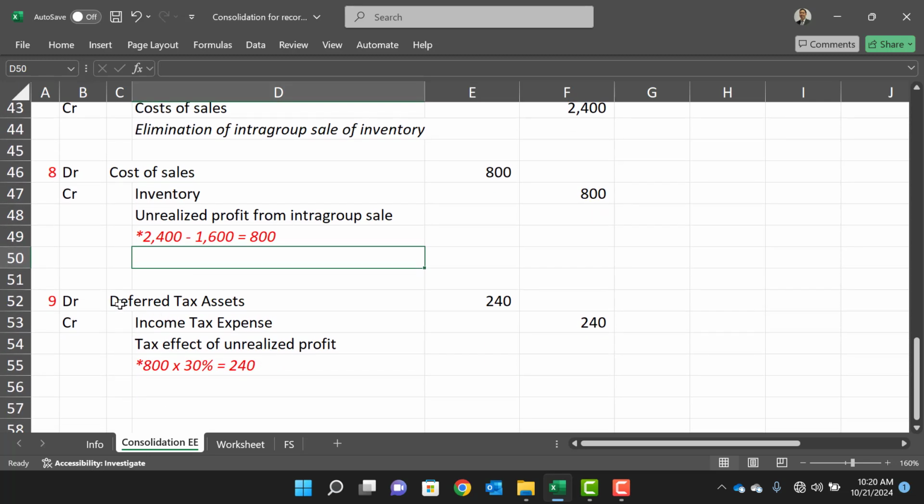Then the tax effect: because you have unrealized profit here, that will reduce the income tax expense. So 800 kina here, multiplied by tax rate of 30%, you have 240 kina. So debit deferred tax asset, and then credit income tax expense.